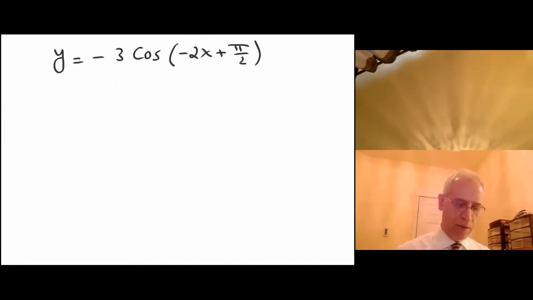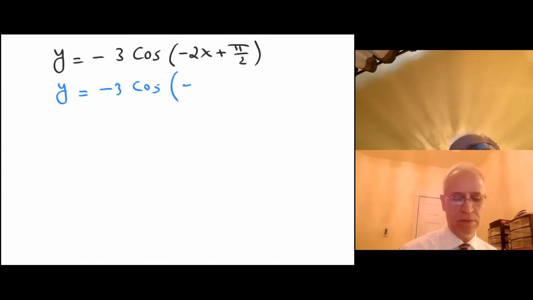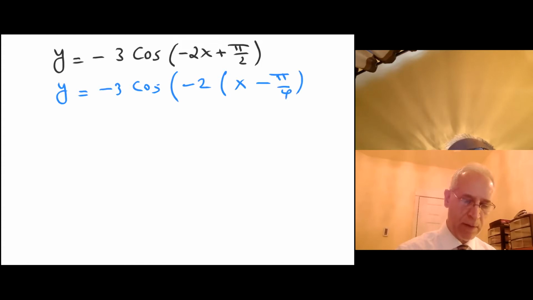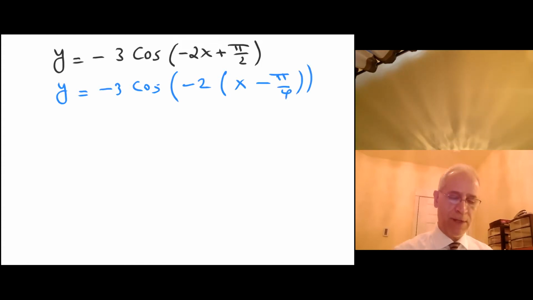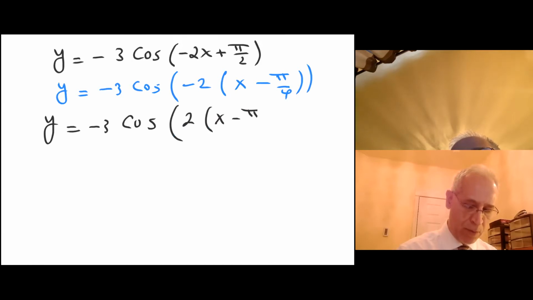Now I'm going to say this is the same as y equals minus 3 cosine of, factoring out the minus 2, x minus pi over 4. I know cosine of minus theta is the same as cosine of theta, cosine is an even function. So now I have y equals minus 3 cosine of 2 times (x minus pi over 4).